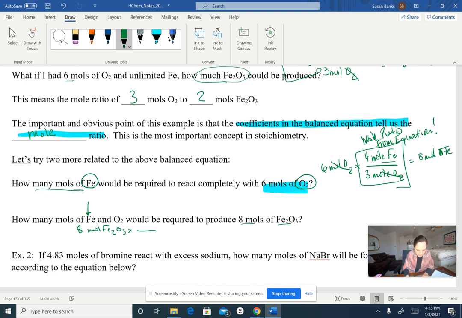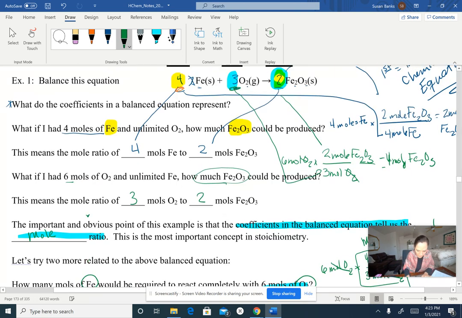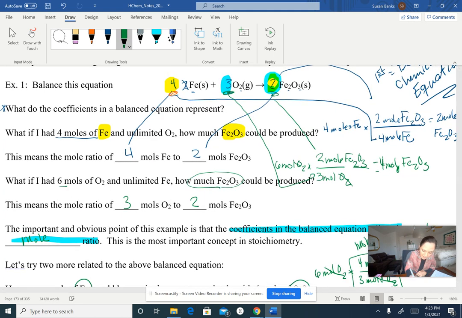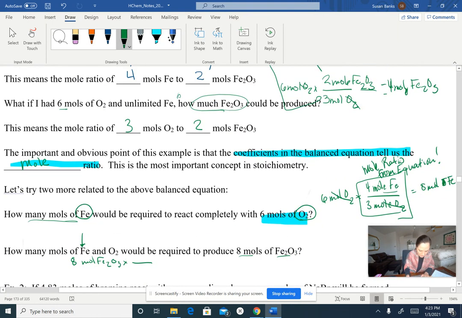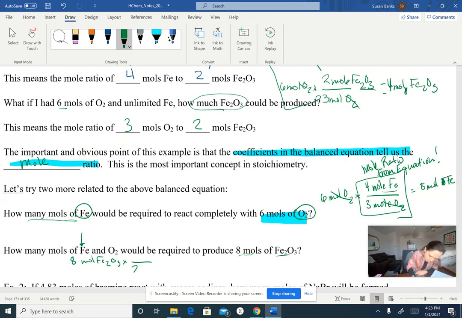So in my balanced equation, I have 2 moles of iron trioxide reacting with 4 moles of iron. So I'm going to use that ratio here. So I have 2 moles of iron trioxide reacting with 4 moles of iron.